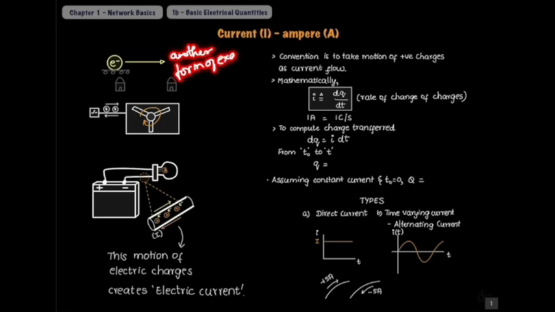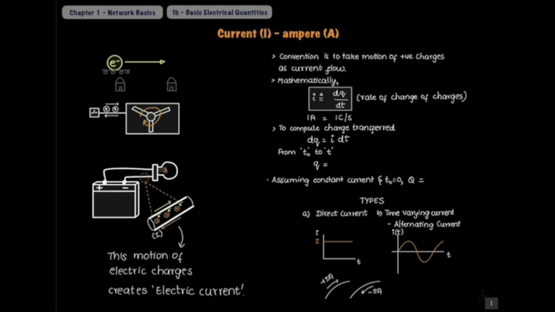For example, when a conducting wire consisting of several atoms, let's say this is a conducting wire which consists of several atoms, is connected to a battery, something like this. For now, consider the battery as a team coach who compels you to move.